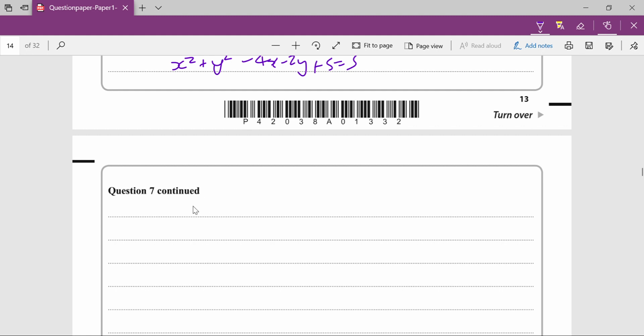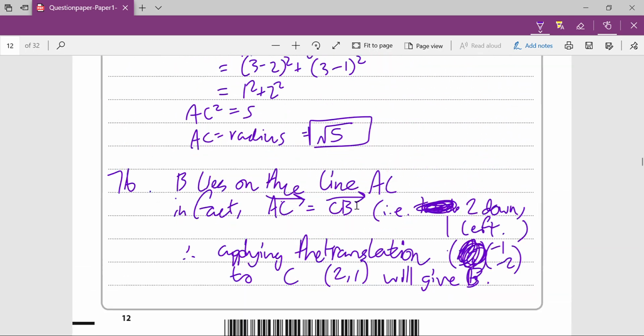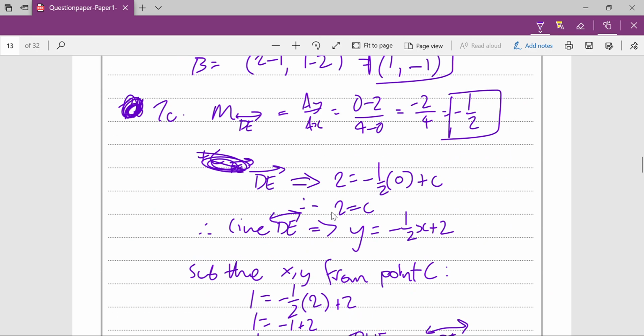You subtract 5 from both sides and you get x squared plus y squared minus 4x minus 2y is equal to 0. So we've proven this equation to be true, and this question can be considered complete.